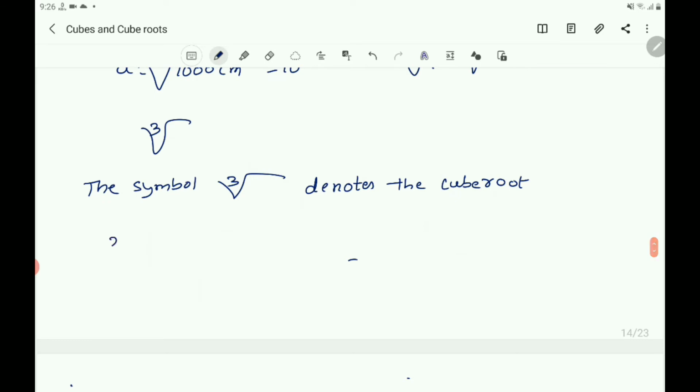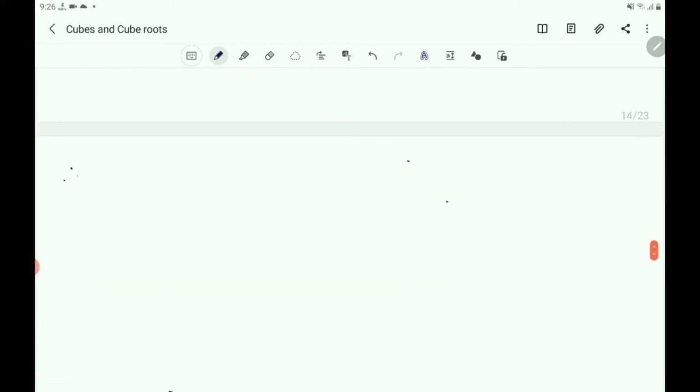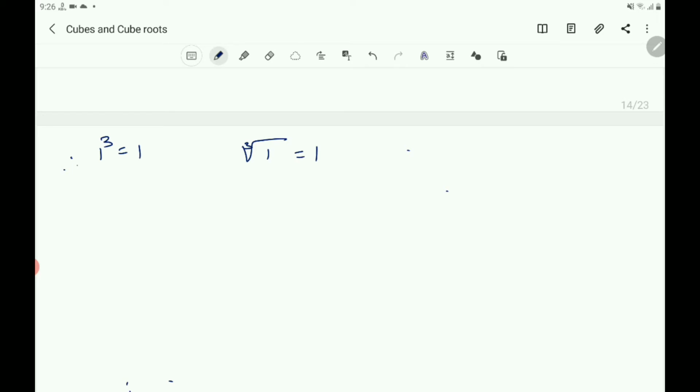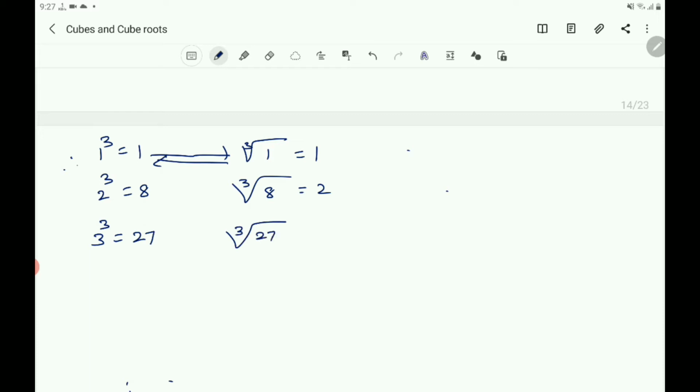Here you know that if 2 cube equals 8, then the cube root of 8 equals 2. And also you can write 1 cube equals 1, cube root of 1 equals 1. And 2 cube equals 8, cube root of 8 equals 2. See here, the reverse operation of this is this one. And also you can write 3 cube equals 27, and cube root of 27 equals 3.